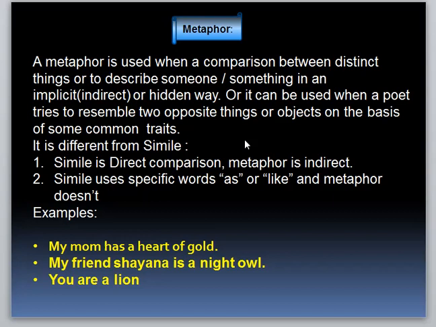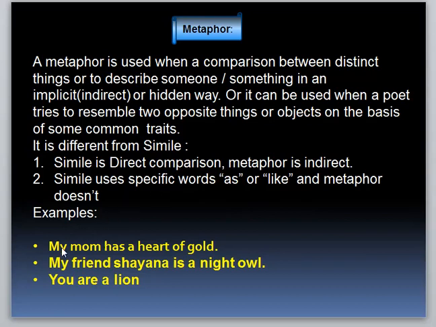What is the difference between simile and metaphor? The simile has a direct comparison and uses the words like or as, but a metaphor doesn't. A metaphor is an indirect comparison. You have to think about what qualities are being compared between the subject and object.